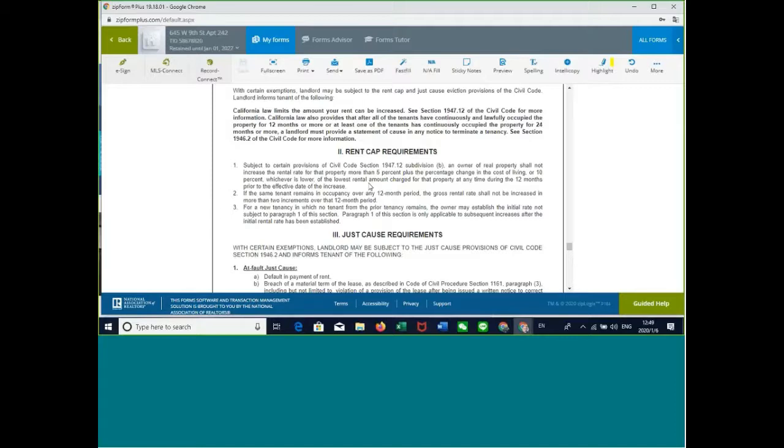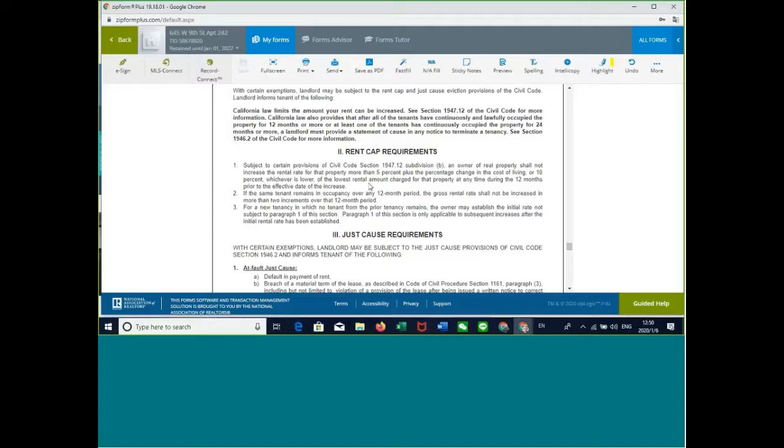The other one is the number of times you can increase within the 12-month period. If the tenant has been there for over 12 months, the gross rental rate shall not be increased in more than 2 increments over that 12-month period.